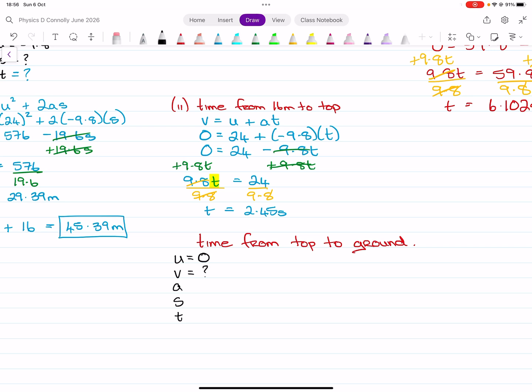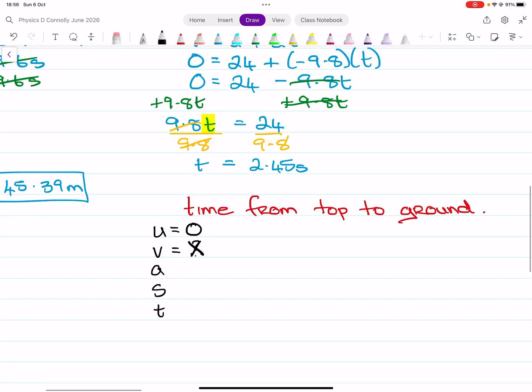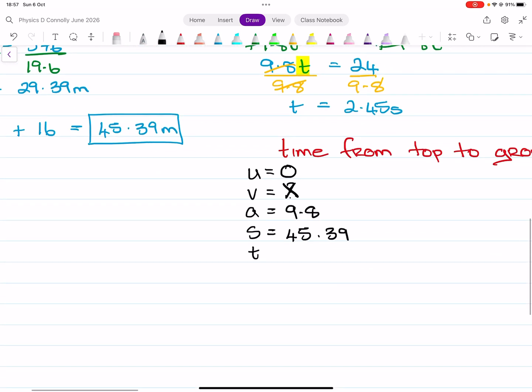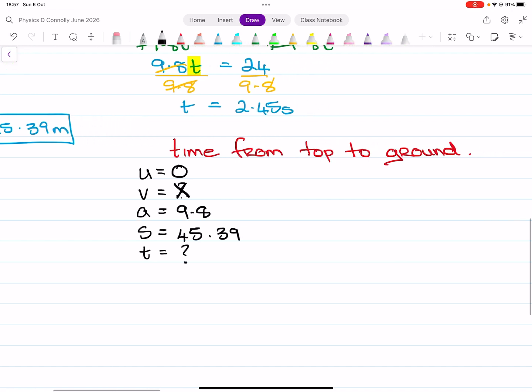Ultimately it will hit the ground and stop, but we're looking for the final velocity, which is the max speed it has right before it hits the ground. So it's not really a question mark because I don't think we care. It's falling down, which is 9.8 meters per second. We know that that distance is 45.39 because it was the height we calculated plus the 16. And then the time is what we're trying to figure out.